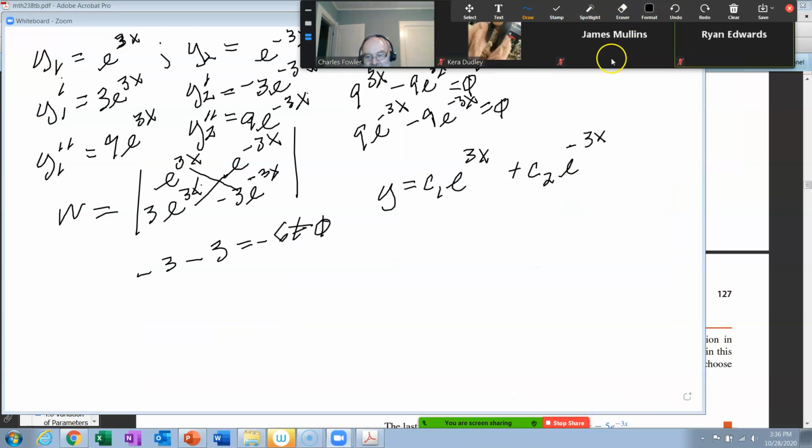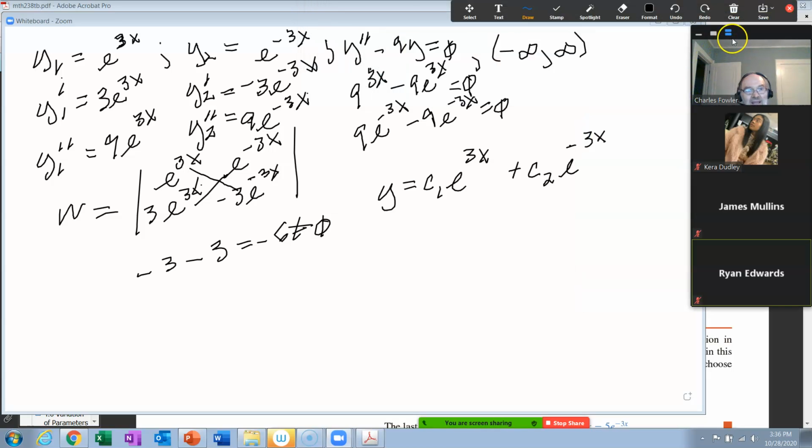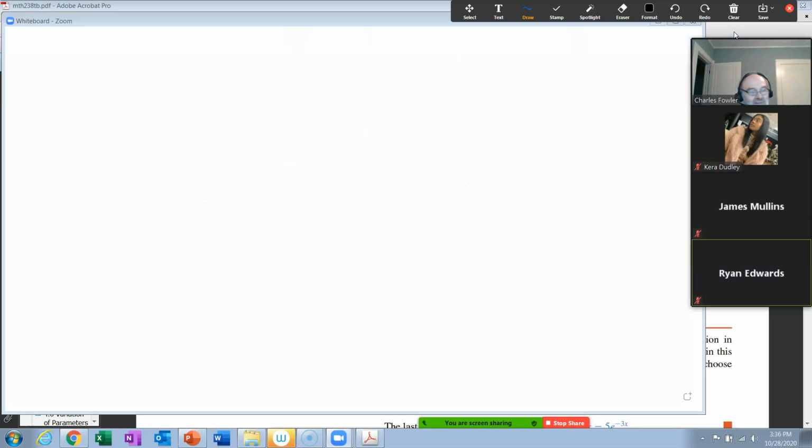I'm going to move y'all again, and we're going to clear the drawing here. Here is at least the setup for example 8. Here's a function. y is equal to 4 times the hyperbolic sine of 3x minus 5 times e to the minus 3x.